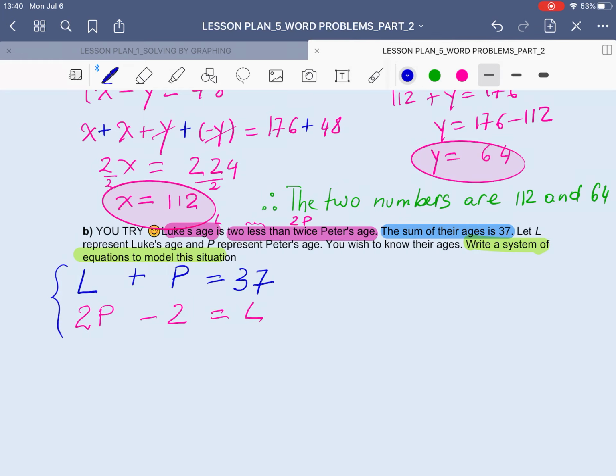So I will rewrite the first equation as is. So L plus P equals 37. And I will match the terms of the second equation to the terms of the first equation, which means that I'm going to start with the term L on the left side of the equation, which means L is changing to a negative, so negative L. The next term must be the P term, so 2P is already on the left side of the equation, so no need to change that, so plus 2P.